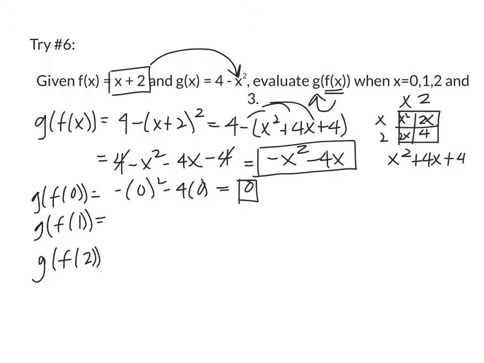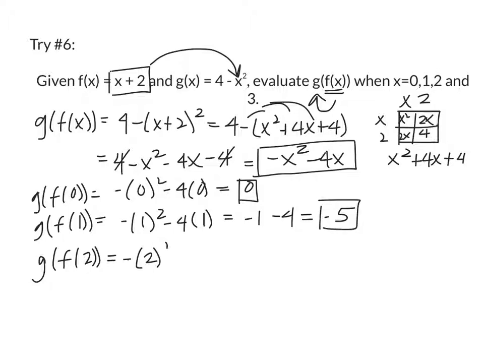On the next one, we'll have negative 1 squared minus 4 times 1. 1 squared is 1 times that negative makes that negative 1, and then minus 4, which makes this negative 5. And the last one, that's negative parentheses 2 squared minus 4 times 2. 2 squared is 4 times a negative, that makes it negative 4 minus 8, which makes this negative 12.